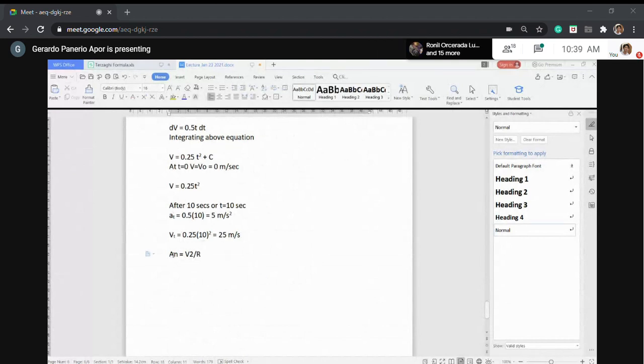So we have 25 squared divided by 8. 25 times 25 divided by 8 gives 78.125 meter per second squared.